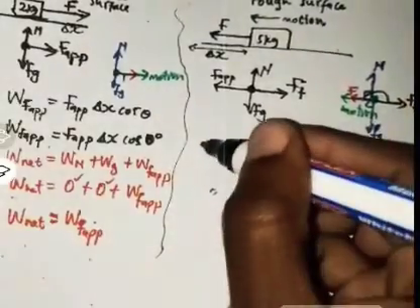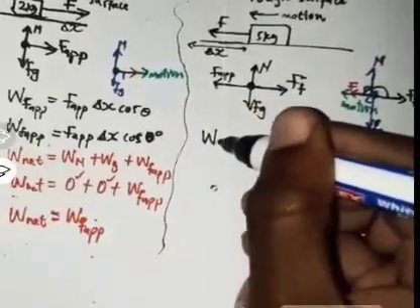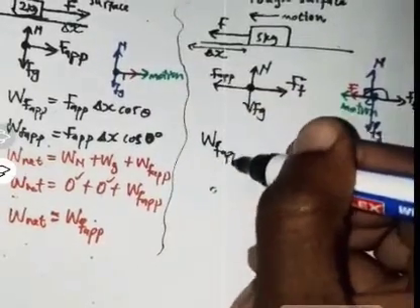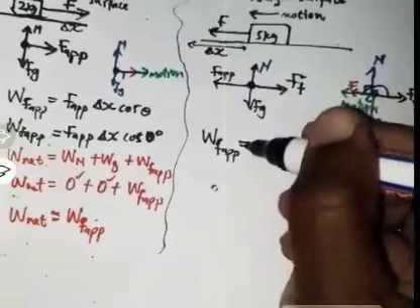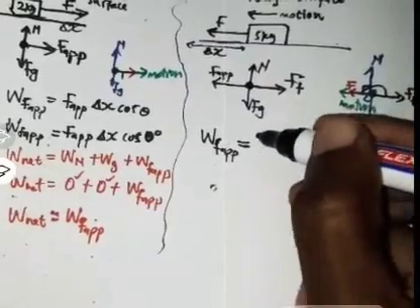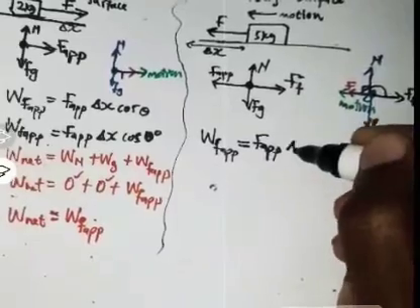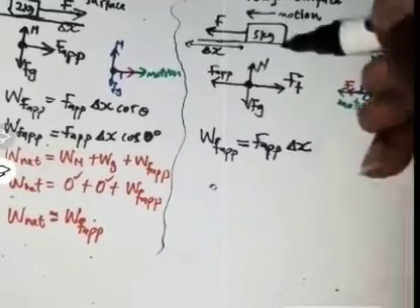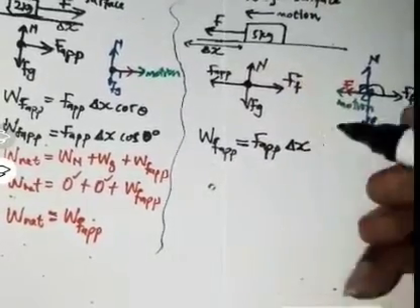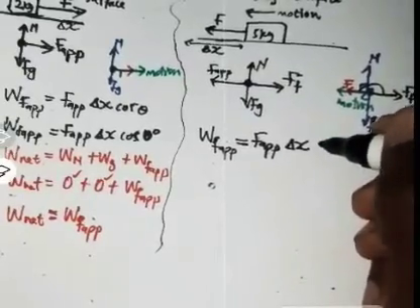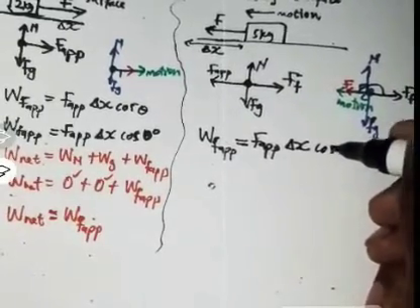The work done by the force applied equals the force applied multiplied by delta x, the distance moved from here to here in meters, and the cos of theta.